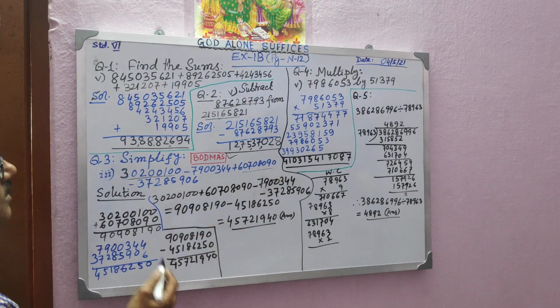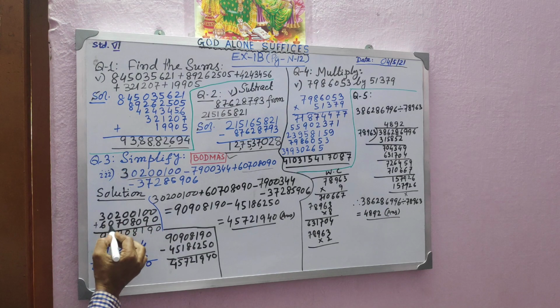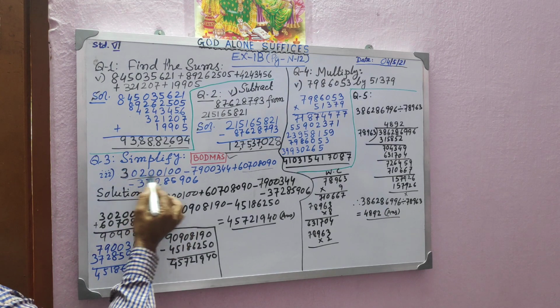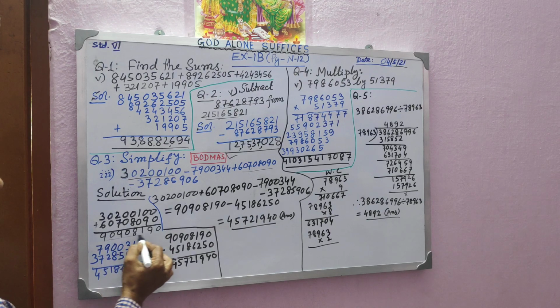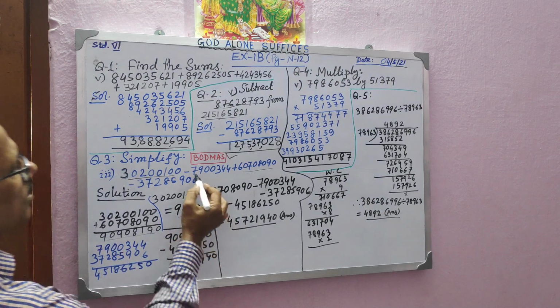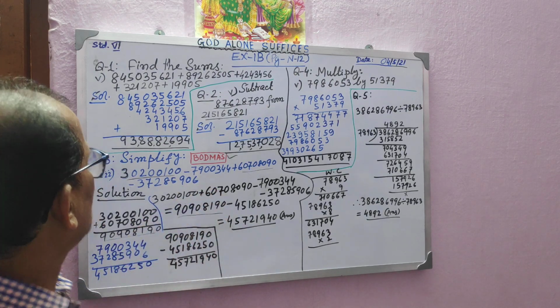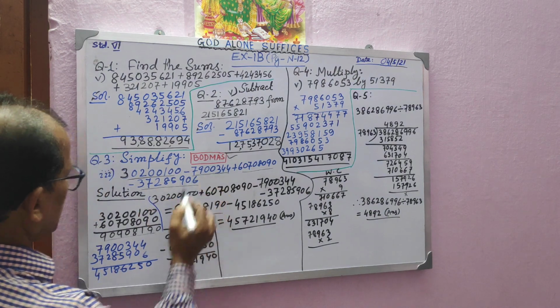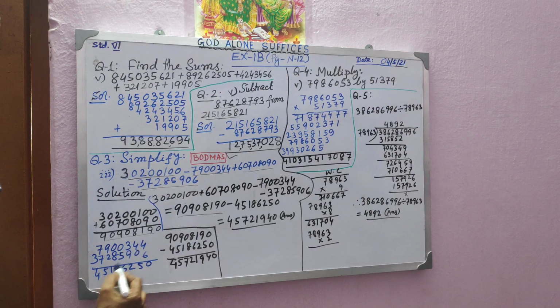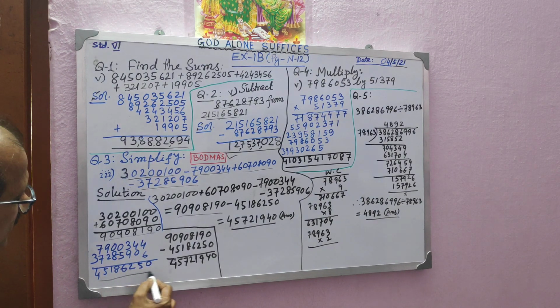In the working column, add these two separately, which became this. You have written down this. Now the minus numbers, you see, this is a negative number and that one is also negative. These two add separately. You have added here in the working column and the result becomes this.